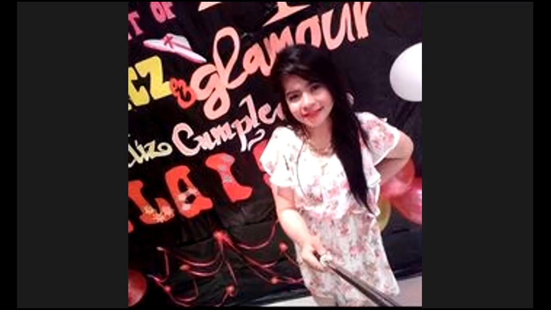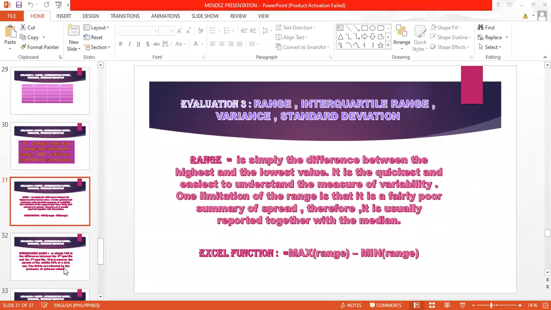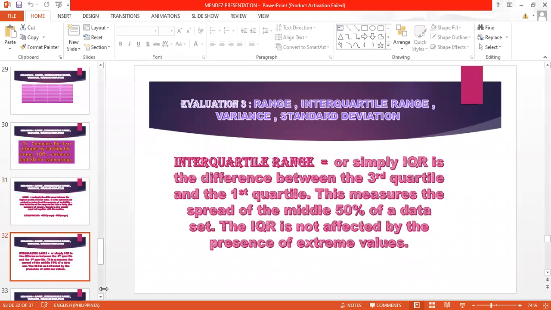Now let's solve our IQR. Let's recall the interquartile range to solve IQR. Interquartile range, or simply IQR, is the difference between the third quartile and the first quartile. This measures the spread of the middle 50% of a data set. The IQR is not affected by the presence of extreme values.